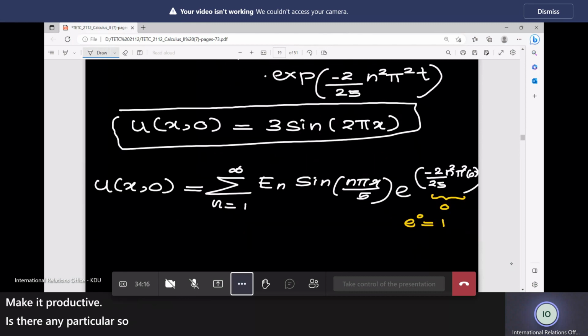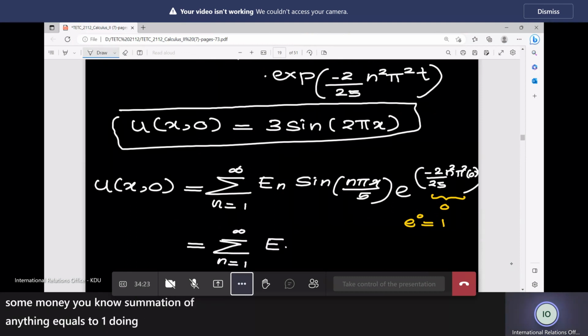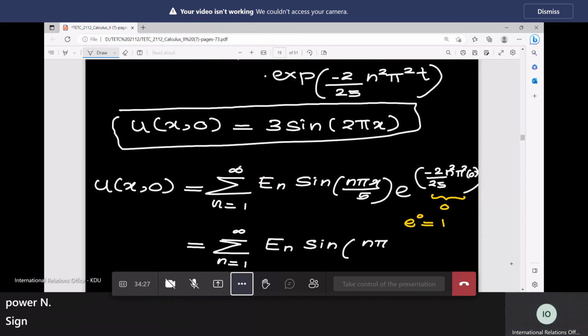So we can write මේක සමාන වෙනවා summation of n is equals to 1 to infinity e_n sin nπx බෙදීම 5 කියනවා.